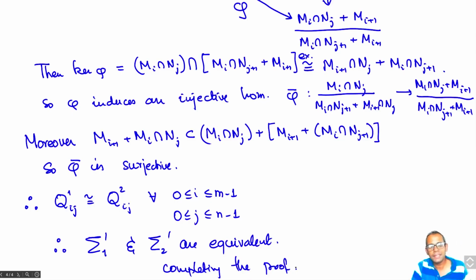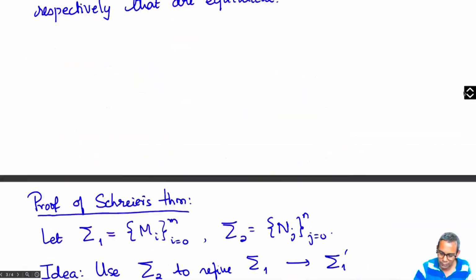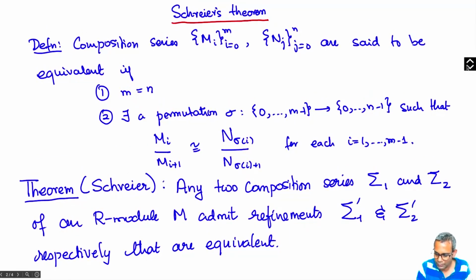And let me emphasize again that in Schreier's theorem there is no hypothesis. When we prove the Jordan-Holder theorem, we will need a hypothesis about the ring R or about the modules M and N. Here, this is a completely general theorem.